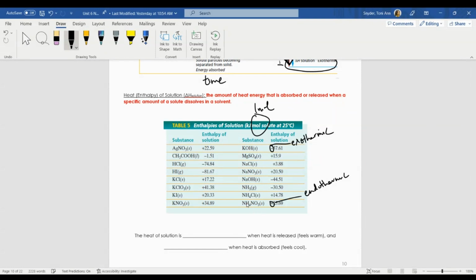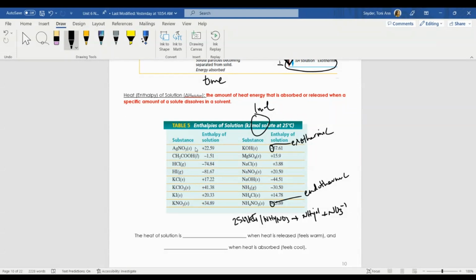So if I consider ammonium nitrate, 1 mole of ammonium nitrate has to absorb 25.69 kilojoules of energy in order to dissociate into its ions, like this. So I would include 25.69 as a reactant.